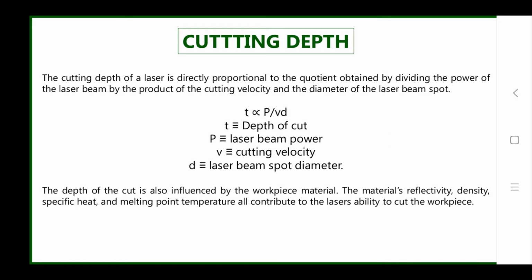In this, small t is the depth of cut, capital P is the laser beam power, small v is the cutting velocity, and small d is the laser beam spot diameter. The depth of cut is also influenced by the work material. The material's reflectivity, density, specific heat, and melting point temperature all contribute to the laser's ability to cut the workpiece.